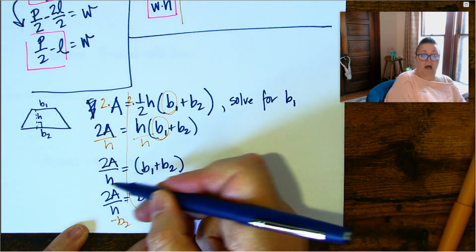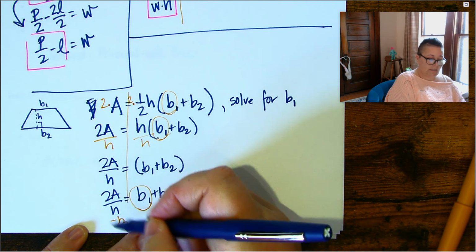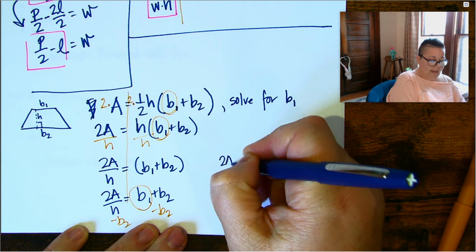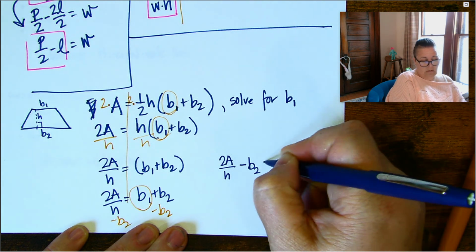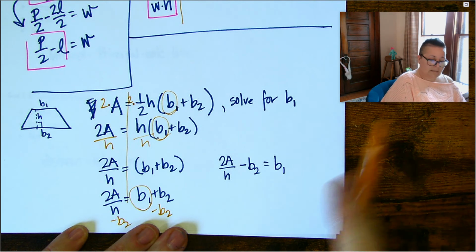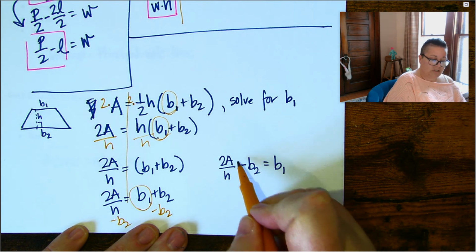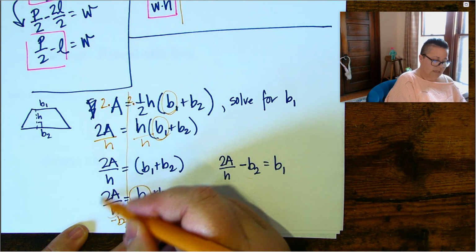Now again, you might want to combine all this. You cannot. It is literally two parts. It is 2A over H minus B2 is equal to B1. Notice I did not put the minus B2 in the top. It's not in the top. It's separate. All of this goes together.